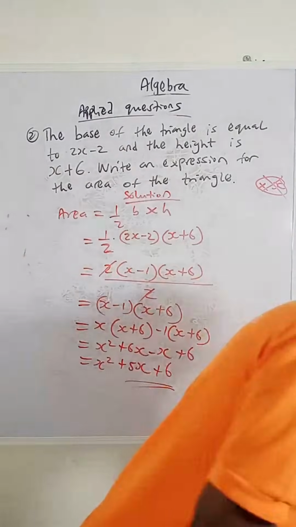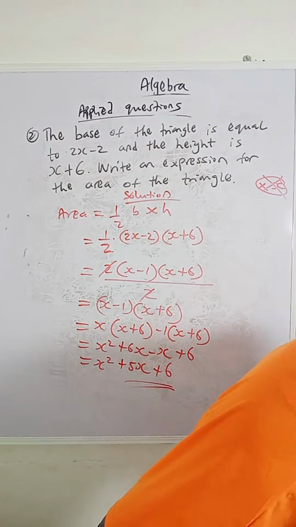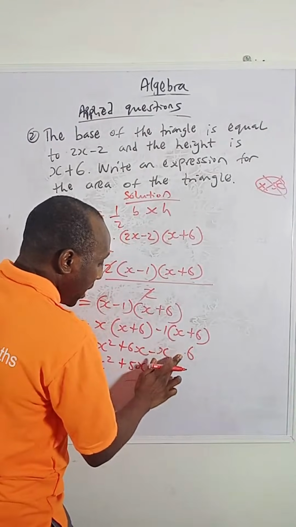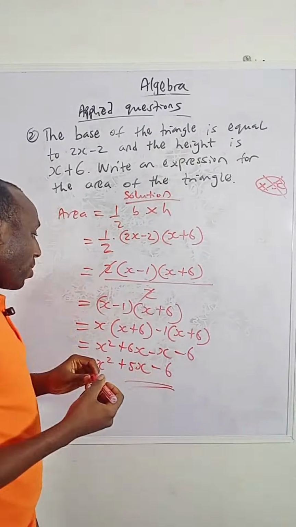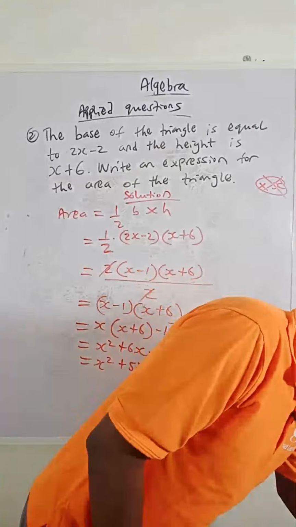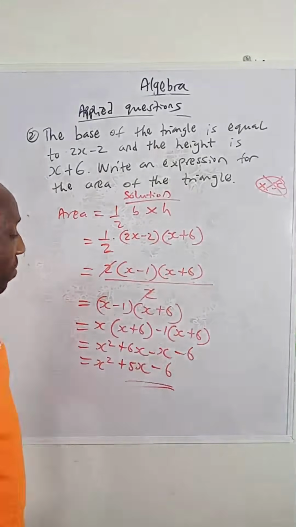Anybody with their own answer? Oh, I missed out something. My goodness, what is going on there? Yeah, so you see why it's very important for you to check what you have done. If I did not check, I would have missed that.